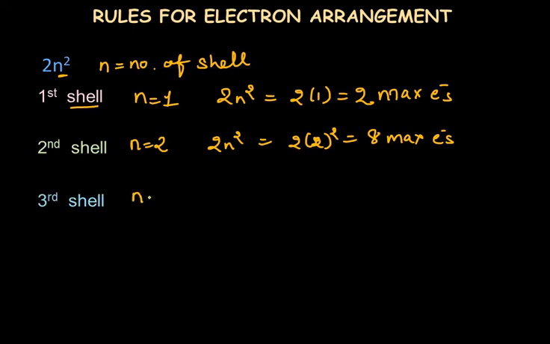Similarly, the third shell ends up with 18 electrons, so a maximum of 18 electrons can be filled in the third shell, and so on. So note down: the first shell can have at most 2 electrons, the second shell 8 electrons, and the third shell a maximum of 18 electrons.